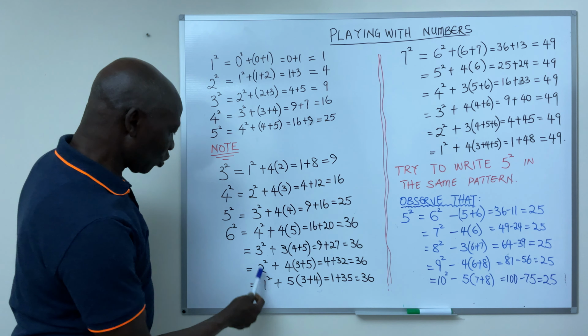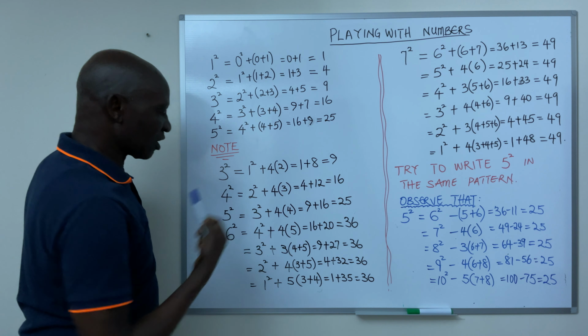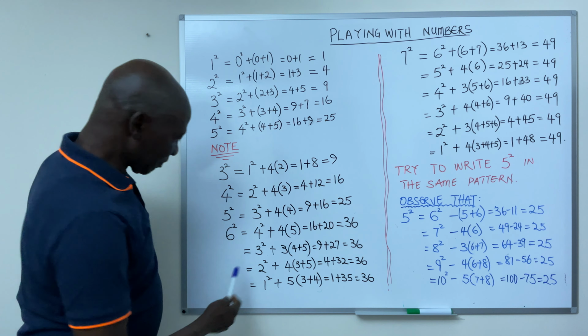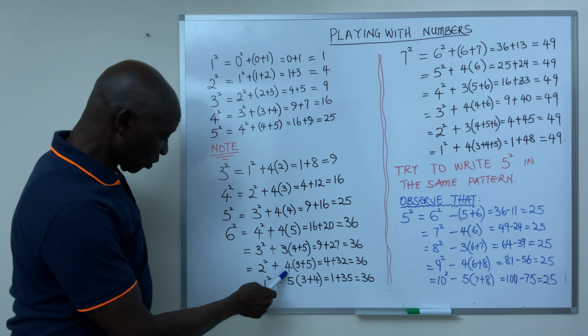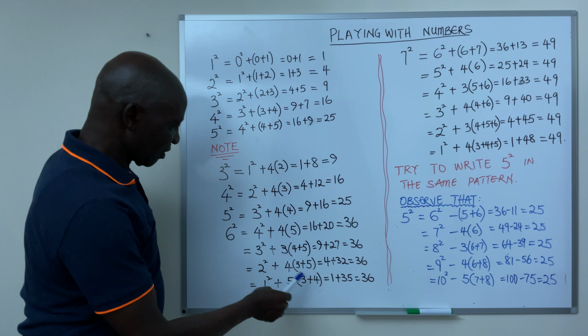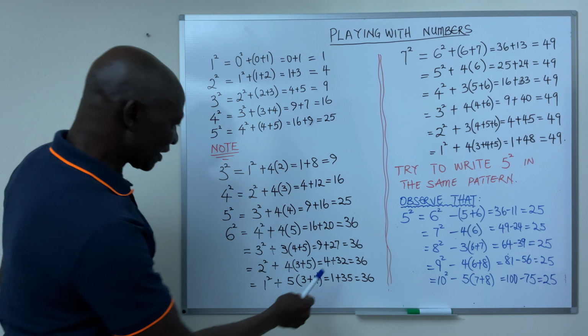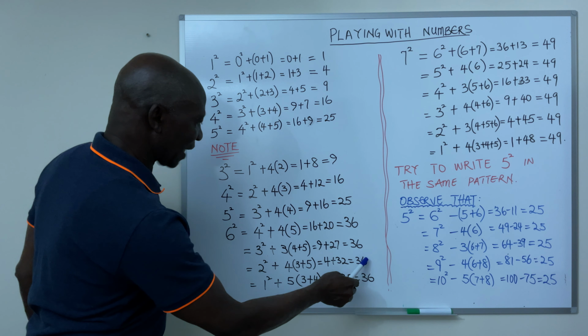These are the other 2 numbers in between 2 and 6. So we now have 6 squared is equal to 2 squared plus 4 times the sum of 3 and 5. That gives 4 plus 32, which is equal to 36.